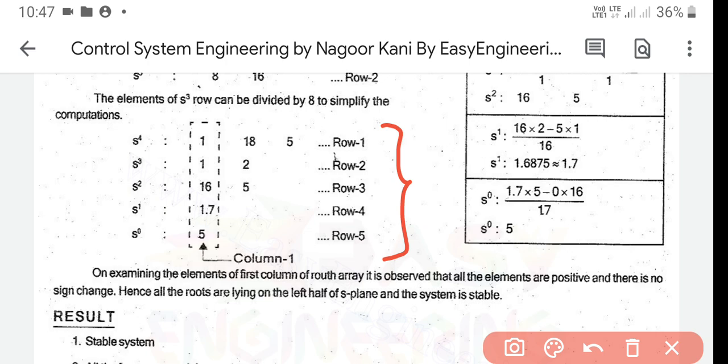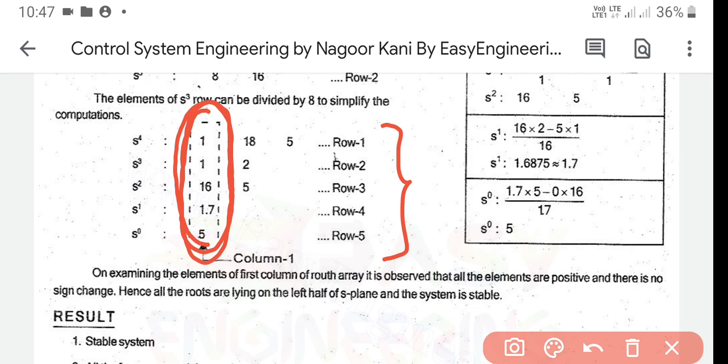Now you have to find the stability. To find the stability, you have to consider the elements of the first column of the given Routh array. So these are the elements. And what are the signs here? The signs of all the elements are positive, right? So it is observed that all the elements are positive, and there is no sign change from the first element to the last element.